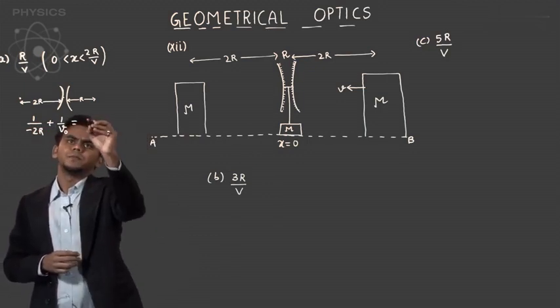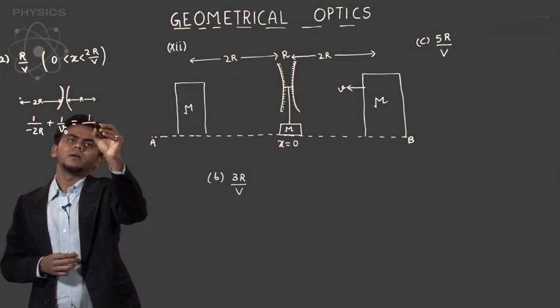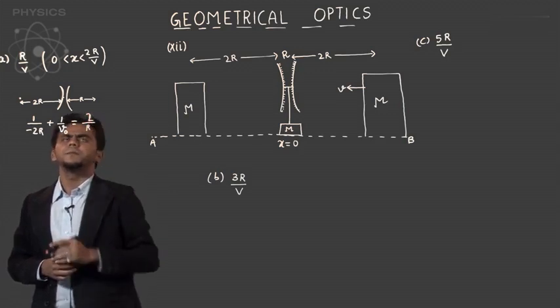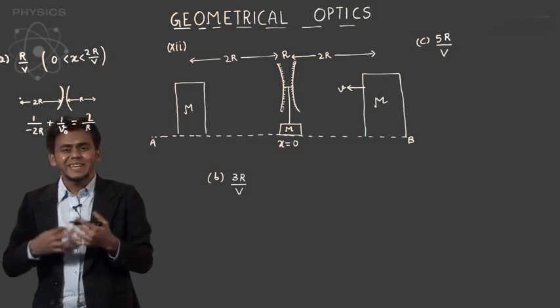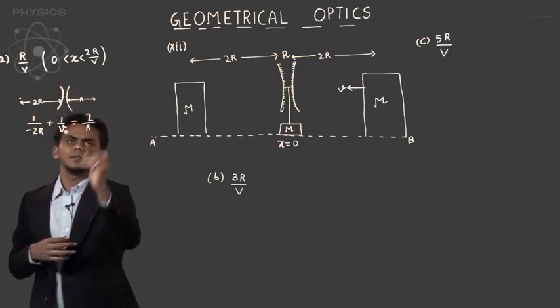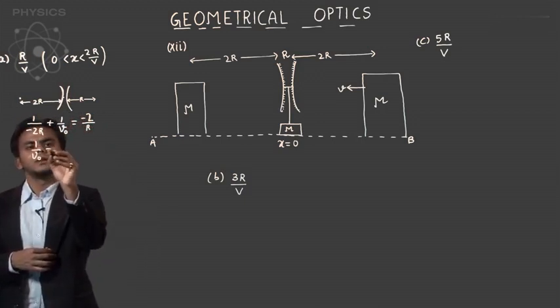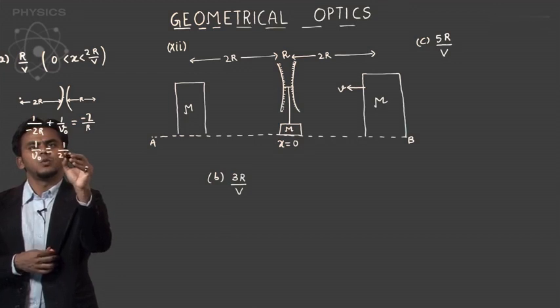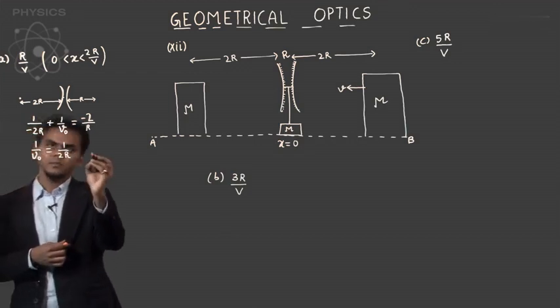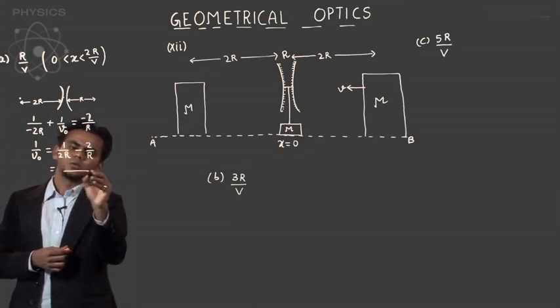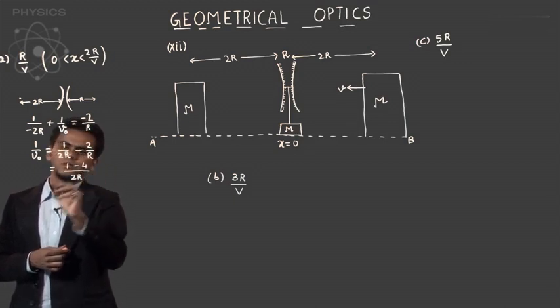This is equal to 1 by the focal length, r by 2, or just 2 by r I can write over here, and this would have a negative sign. Why? Because this is facing to the left side. So your 1 by v naught comes out to be 1 by 2r minus 2 by r, which is 2r, 1 minus 4.